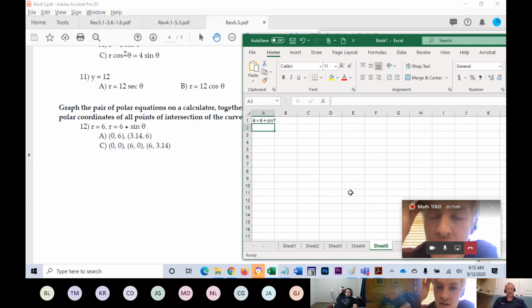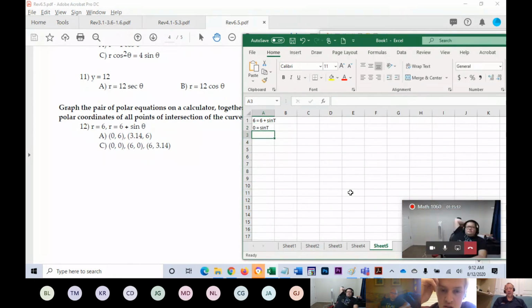Subtract the 6 on the right side. We get 0 equals the sine of theta, right? Yeah. Take the inverse sine on both sides. So theta equals... Sine is y on the y-axis, so it could be at 0 or pi. Bam. Nice. You really didn't even need a picture for that.